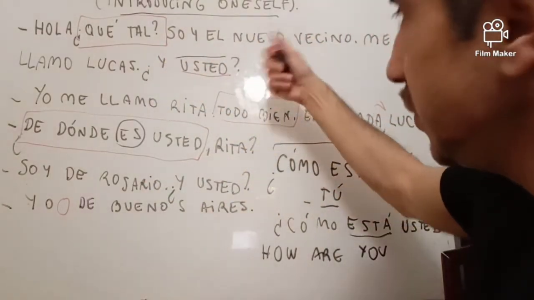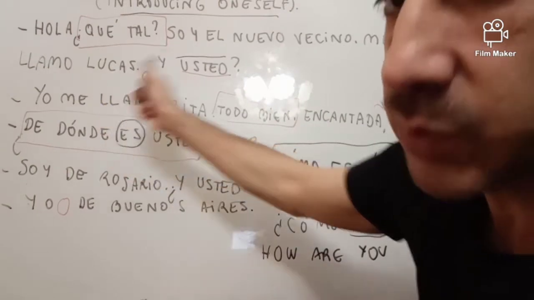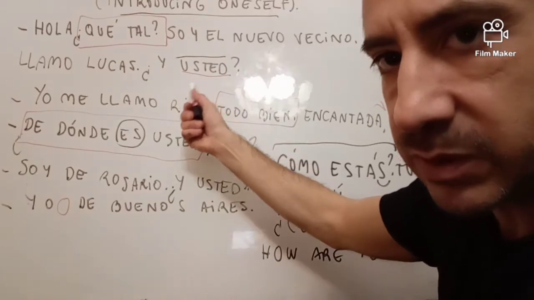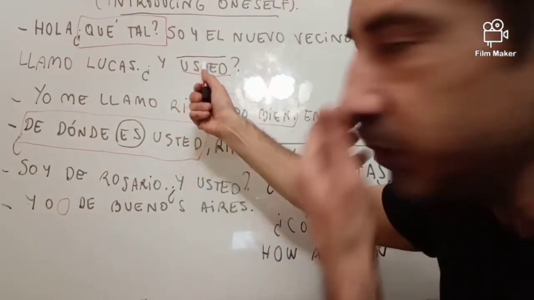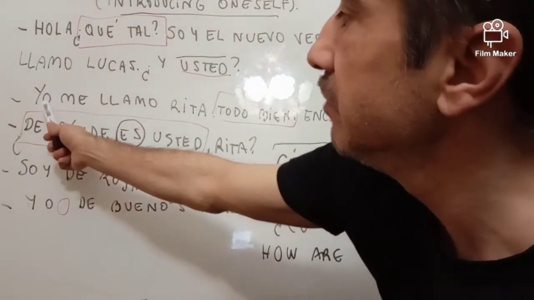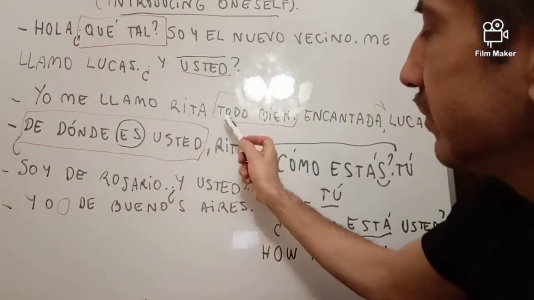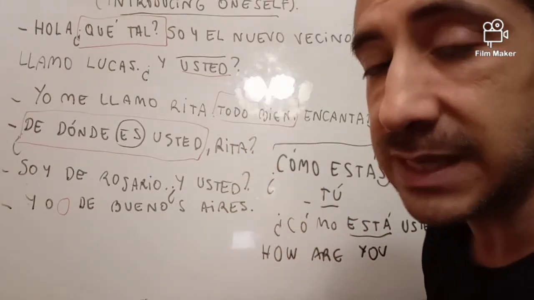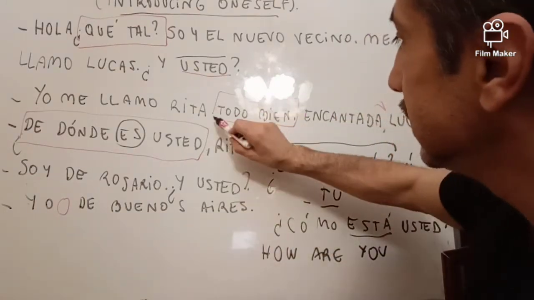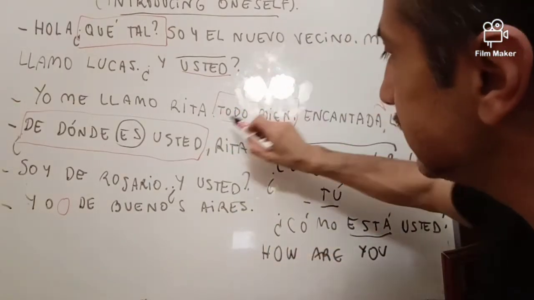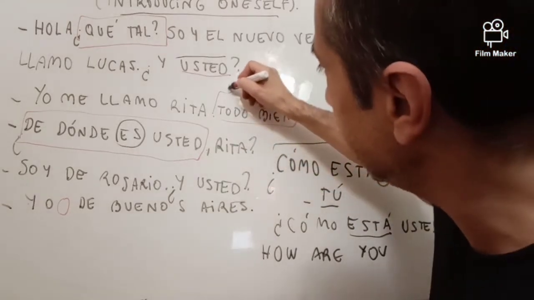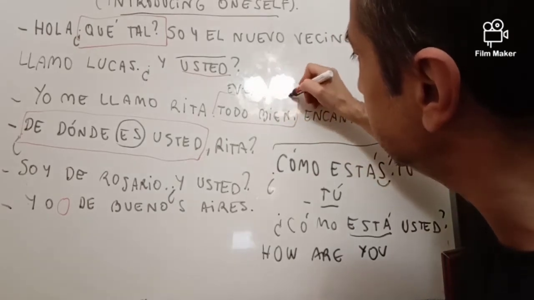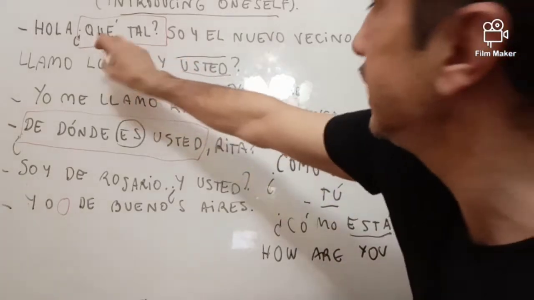Soy el nuevo vecino, I'm the new neighbor. My name's Lucas. We saw this. Me llamo Lucas. And you, in English, it's the same for tú and usted, you. And you? My name's Rita. Everything okay? Alles gut, as in German, alles gut. Das heißt, this means everything okay. And it is the answer to the question, ¿qué tal?